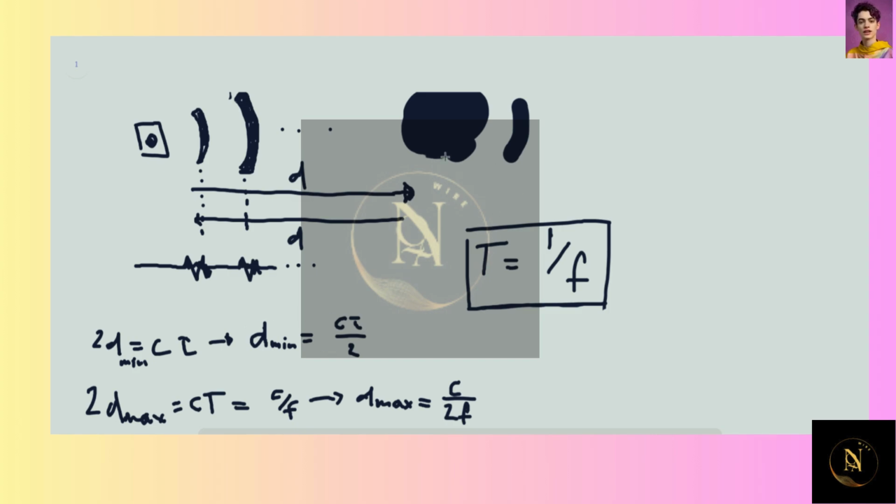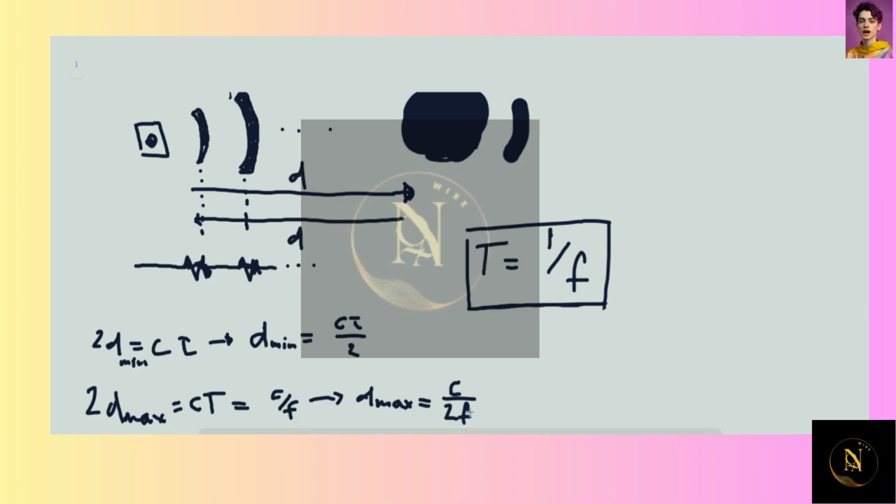Well, what about the pulses? If I want to maximize the distance, then what I have to do is make the period longer, i.e. decrease the frequency. If I make the period longer, I make the frequency smaller, and I make the distance bigger.